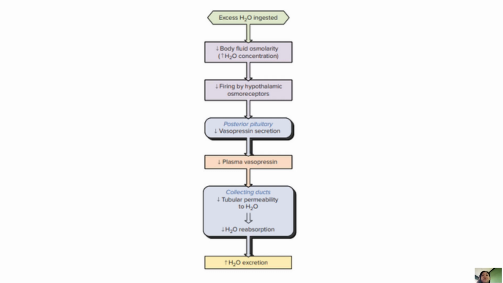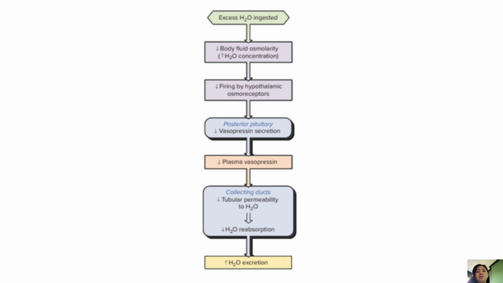Regulation of body fluid osmolarity requires separation of water excretion from sodium excretion. That is, it requires the kidney to secrete a urine that, relative to plasma, either contains more water than sodium and other solutes or less water than solute. This is made possible by two physiological factors: the osmoreceptors and the vasopressin-dependent water reabsorption without sodium reabsorption in the collecting ducts.